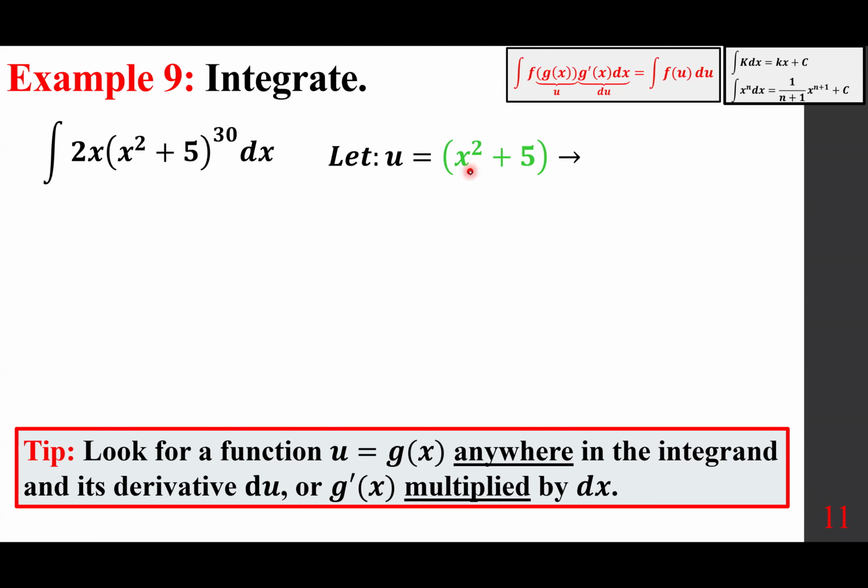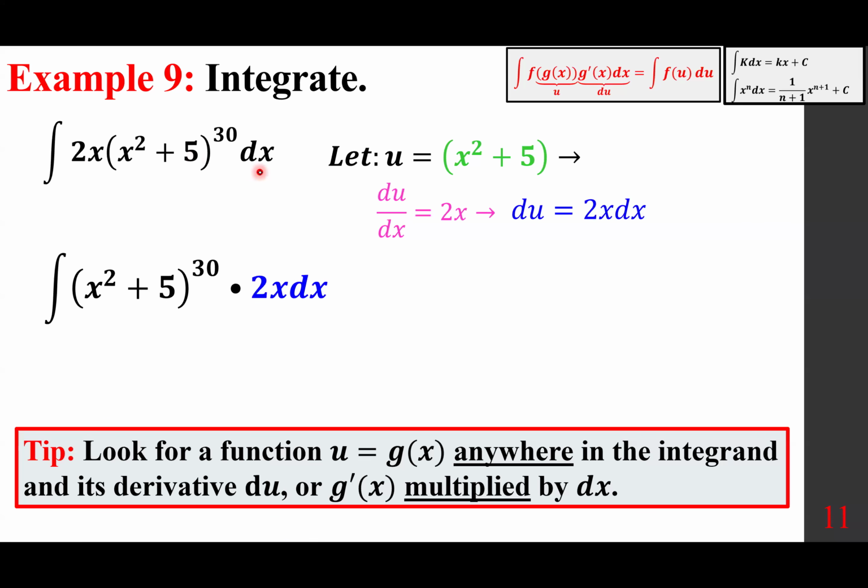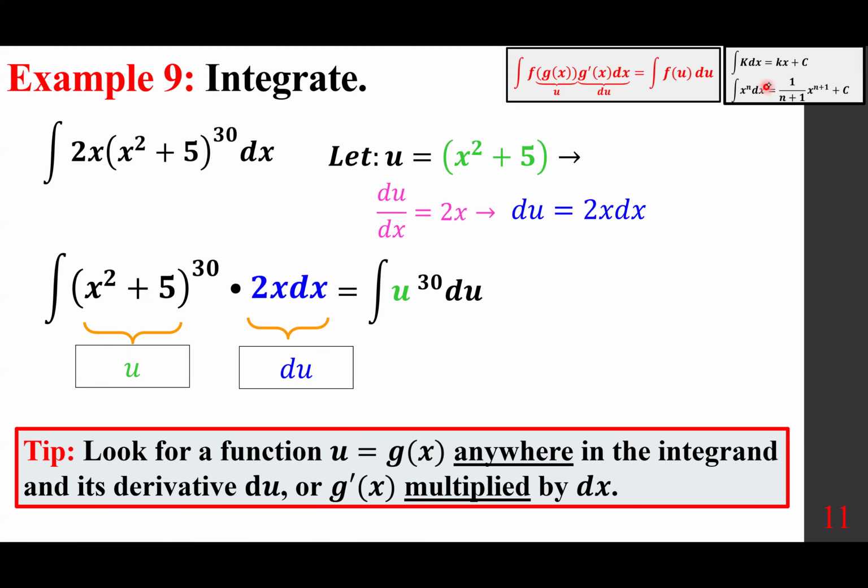So what is its derivative? 2x. So du dx is 2x, which makes du 2x dx. To be clear what we have, I'm going to move the 2x next to dx, and clearly this is u, and 2x dx is du, which means you have u to the power of 30 du, and therefore we can use the power rule.